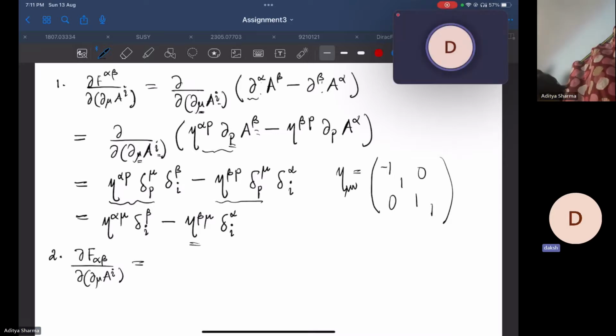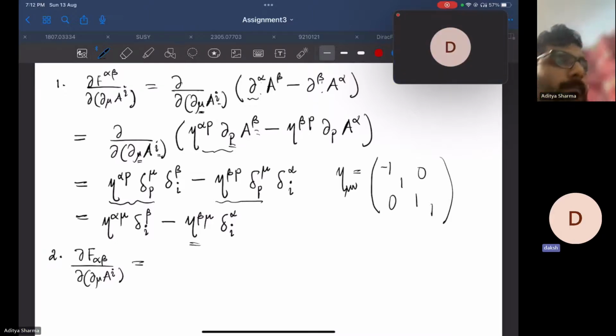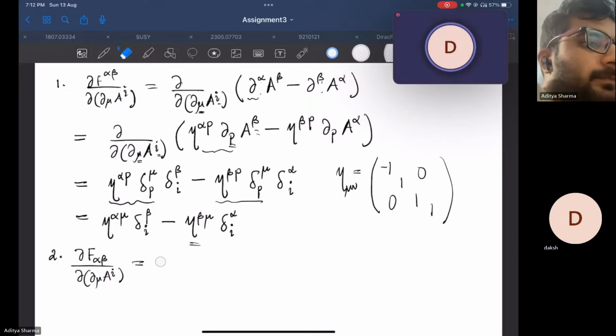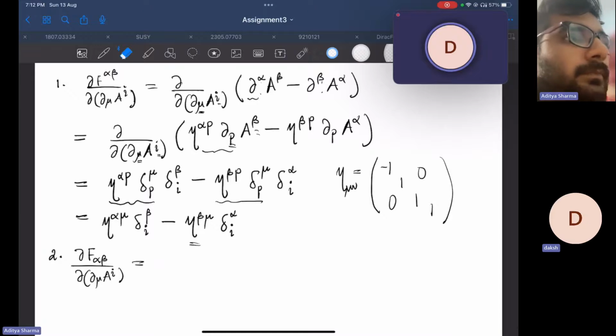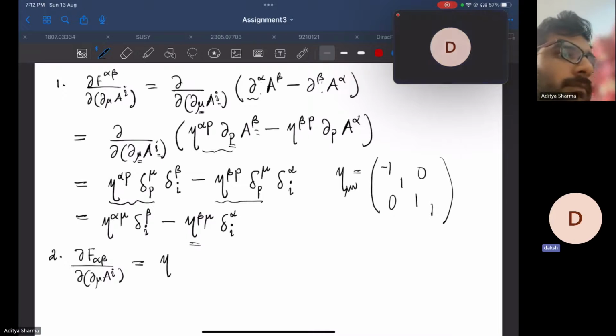The final answer should be similar, but in the intermediate step this eta should be applied on A to make it lower. Correct.